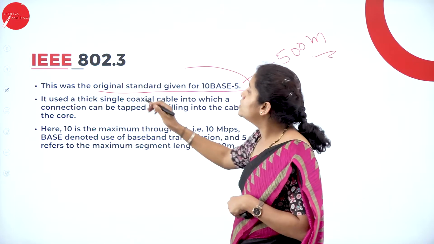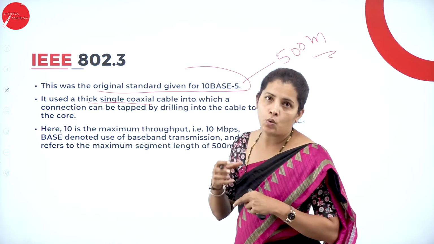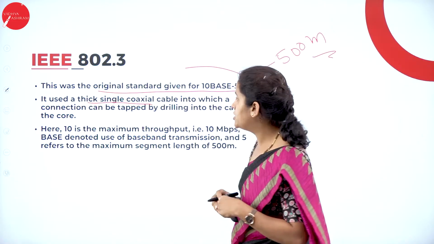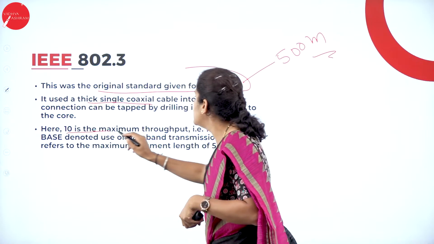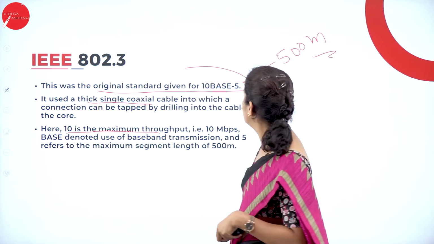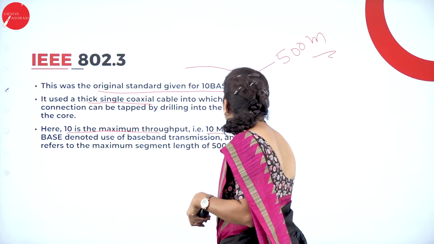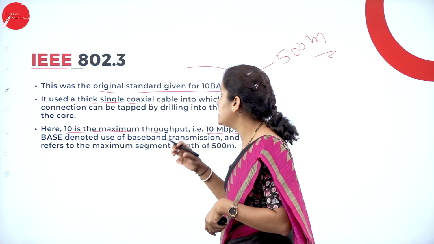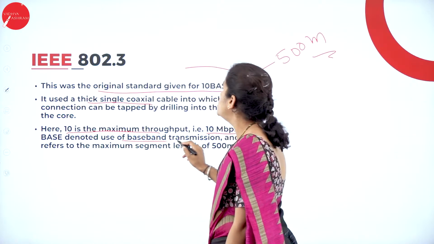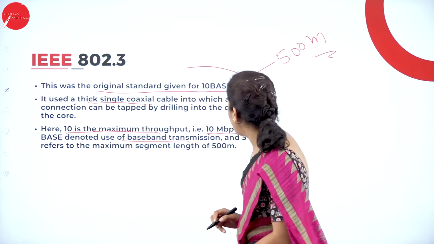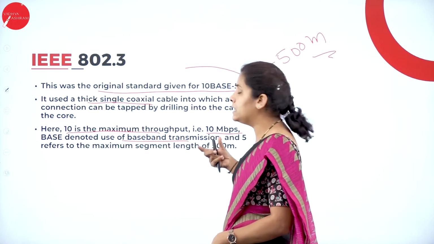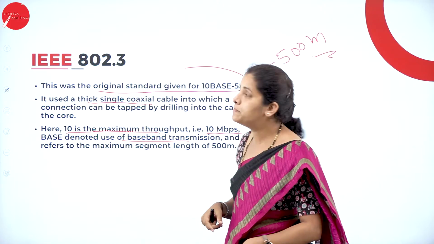So, it is going to use thick coaxial cable to establish the connection. Here 10 is the maximum throughput, that is 10 Mbps, that is megabits per second. Base is used to denote baseband and 5 is the maximum segment length, that is 500 meter.